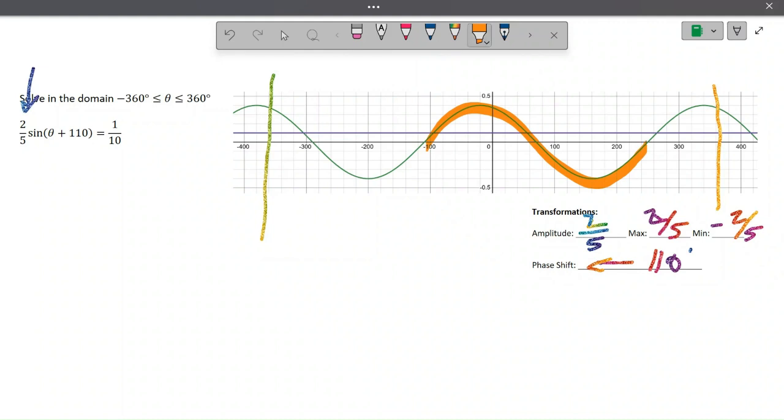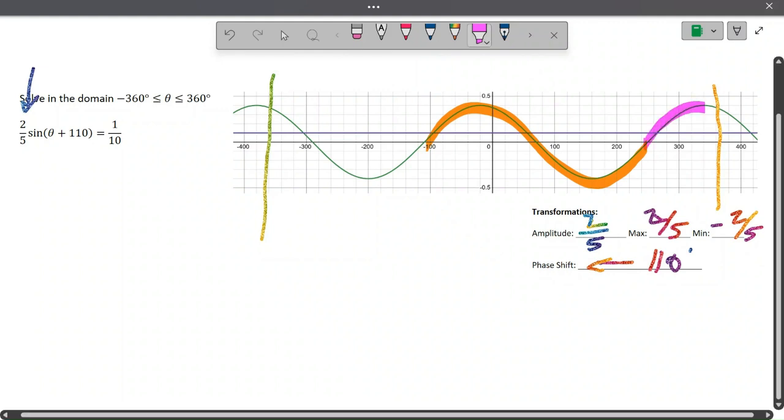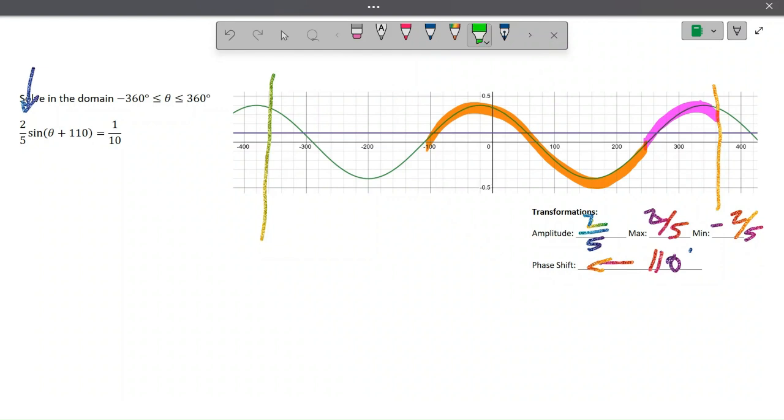And then we end up with a partial wave from here to here, right within our domain. And then we end up with another partial wave going from here to here. So we've got 2 partial waves and then a full wave within our domain. And I once again put what we're solving for, y equals 1/10. I put a line there so we can see our intersection points.